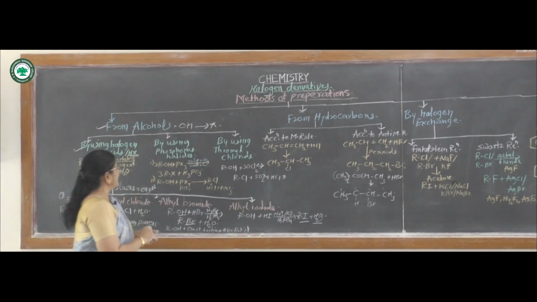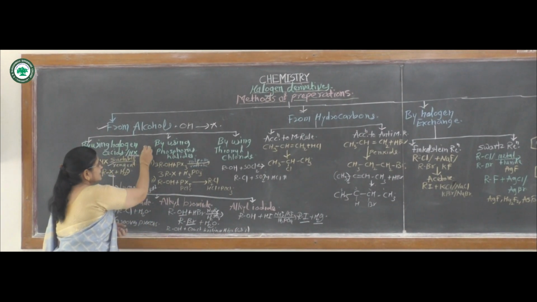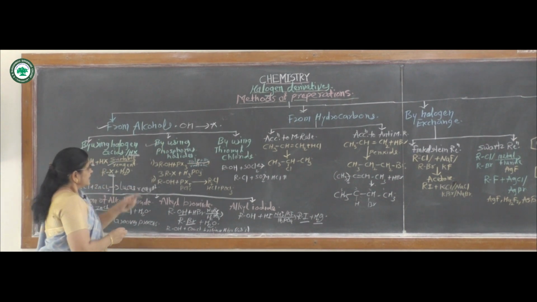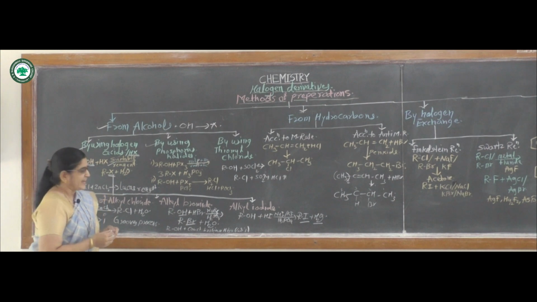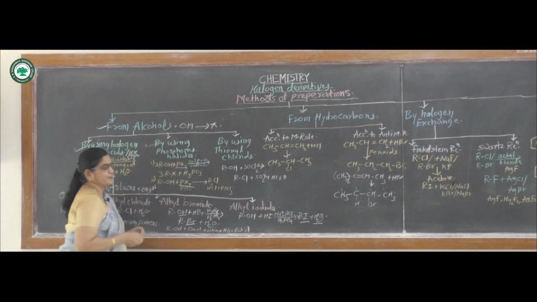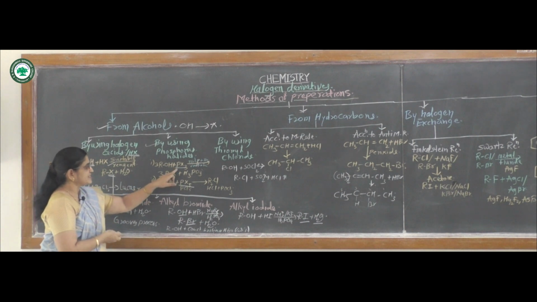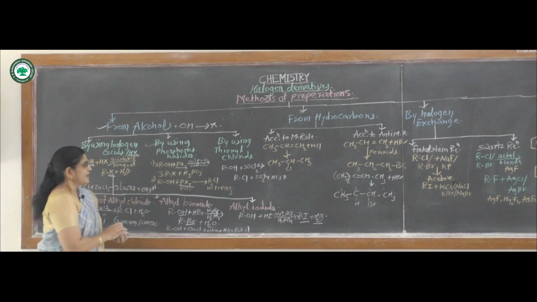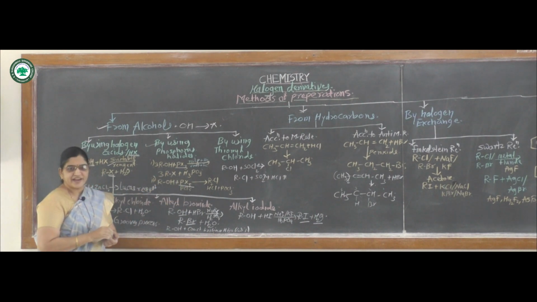Then the second method from alcohol is by using phosphorus halides. There are two types of phosphorus halide, PX3 and PX5, that means phosphorus trihalides and phosphorus pentahalides. First of all, the reaction with phosphorus trihalides.